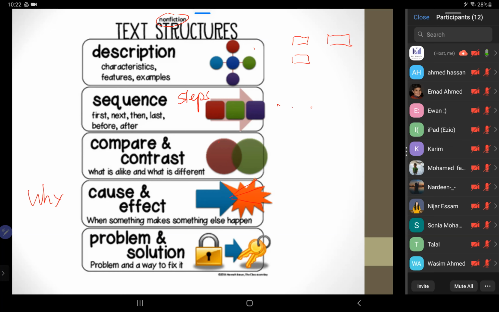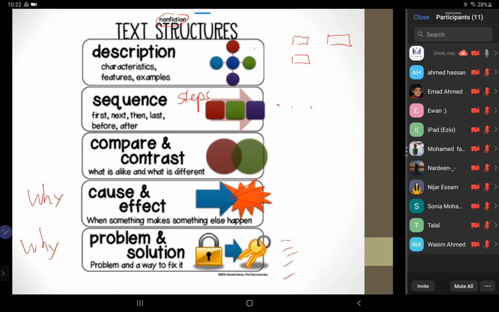Problem and solution, you have a problem, the writer is discussing a problem. For example, why students don't read a lot, and he's giving us solutions for this. And also this one can do with why, by the way.